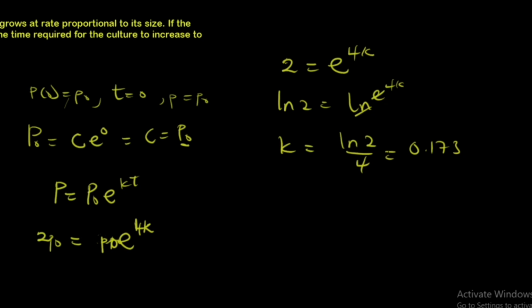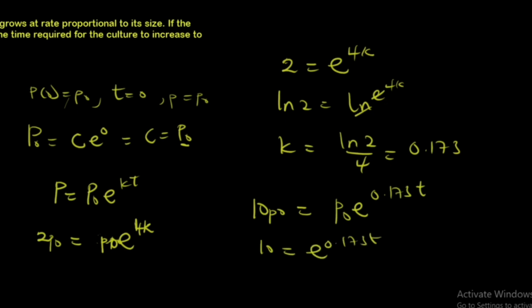In the time, they say the time required for the culture to increase to 10 times its original size. So for the time, we know that 10P naught is equal to P naught e^(0.173t). We cancel P naught, and we get 10 is equal to e^(0.173t).